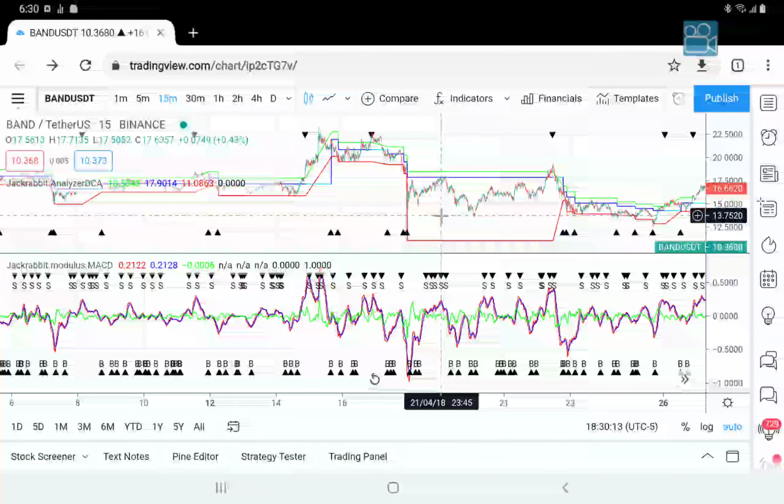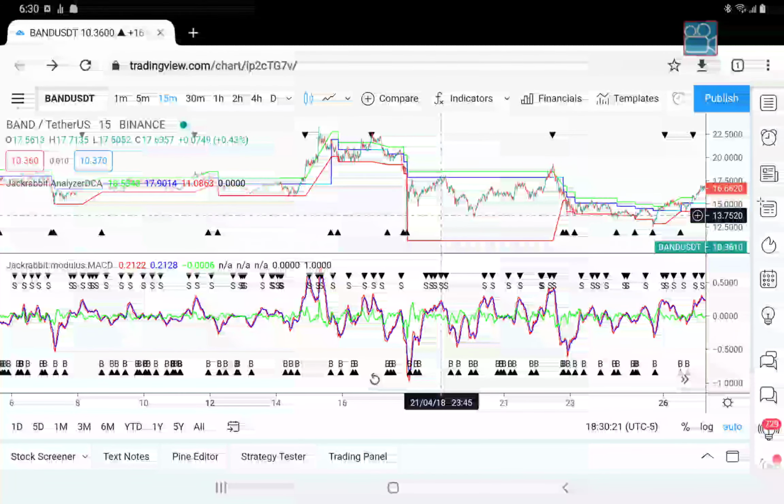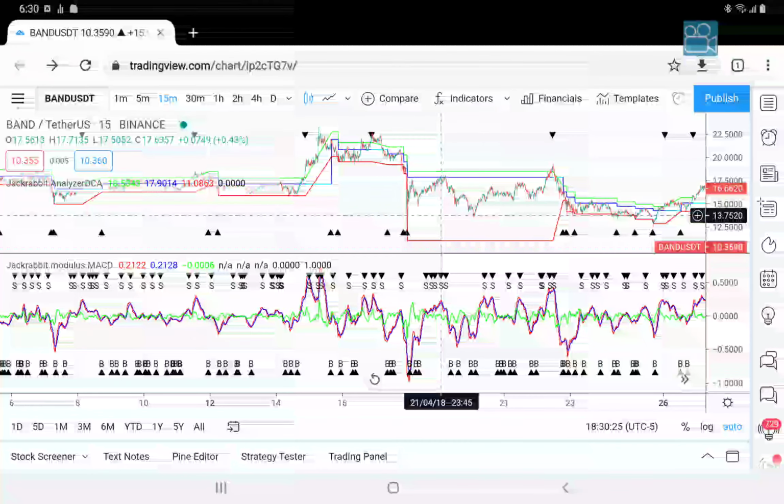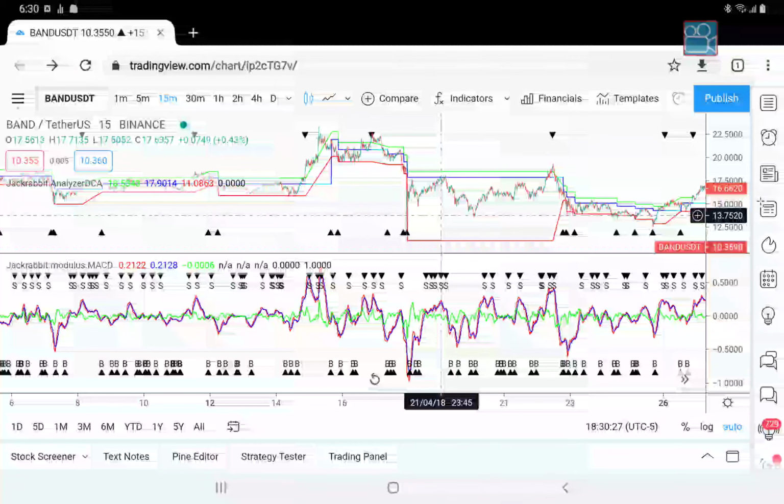So there you have it, the latest release and rendition of the DCA module. I don't know that I need to really think about adding anything else at this point, as I think I've pretty much made it almost artificially intelligent.